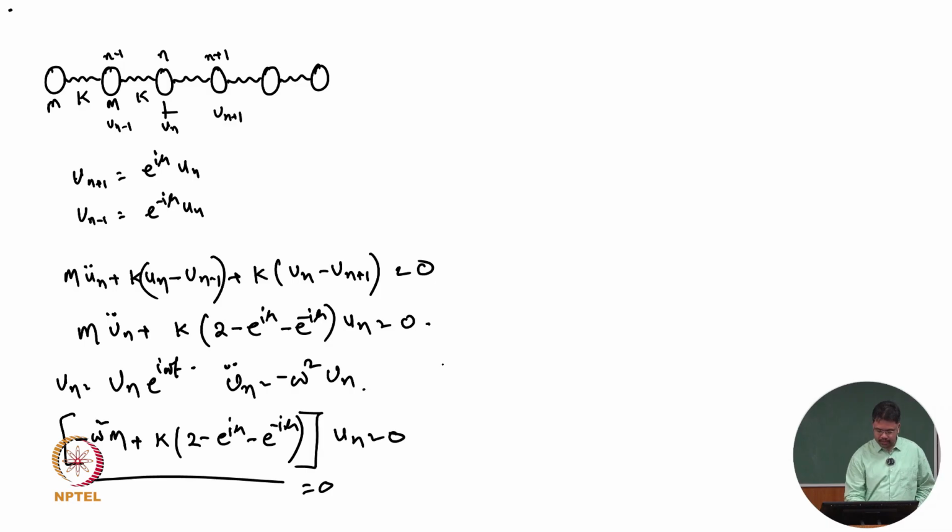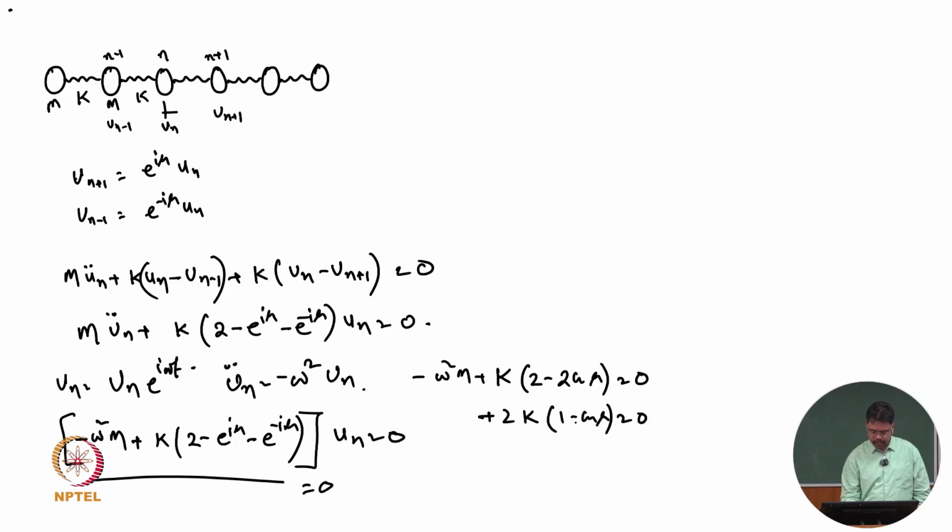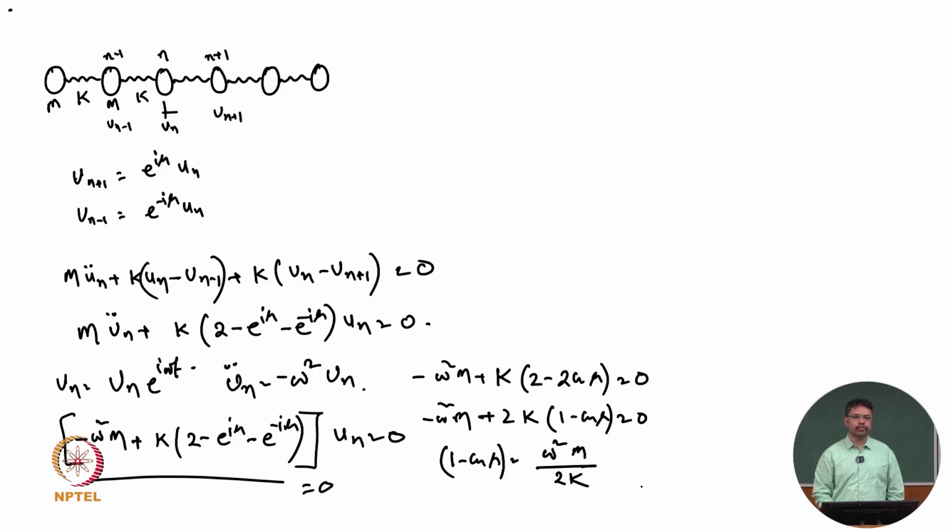So that gives me the dispersion relationship: minus m omega square plus k into 2 minus 2 cos mu, that is equal to 0. And from there we can calculate cos mu. So that is my normal case, the dispersion relationship.